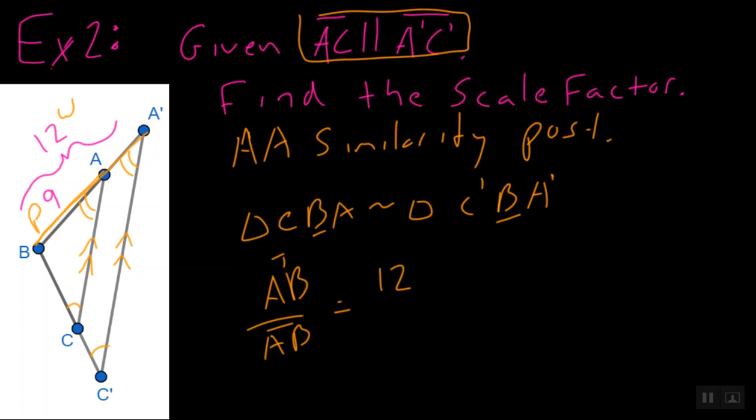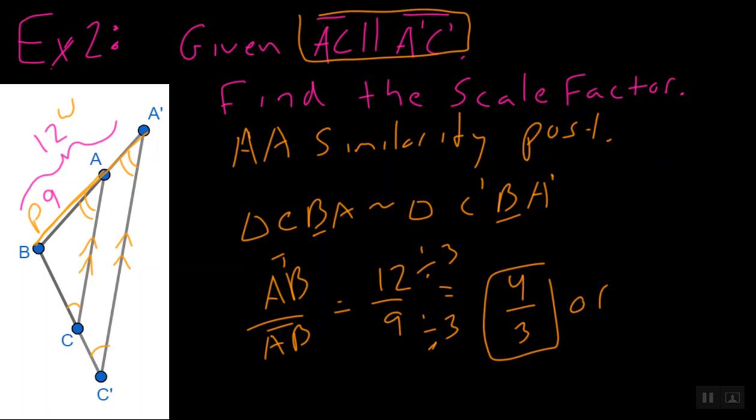Well, we can do 12 divided by 9. And so it appears that here our scale factor, we can reduce them both by the value of 3. 12 divided by 3 is 4, and 9 divided by 3 is 3. We can say our scale factor is either 4/3 or 1.33, approximately.